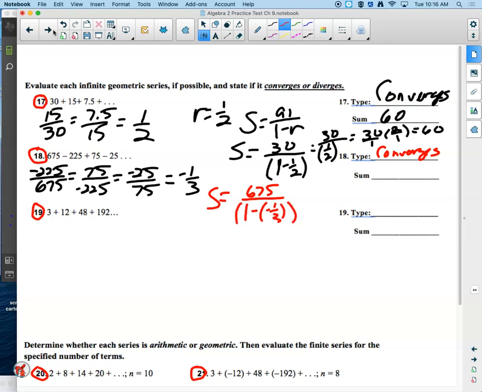Extra negative to keep track of, though. So minus a negative is going to make that a plus. That's going to be 4/3. Again, you can do that on your calculator if you want to. 670 divided by 4/3. Anybody do it yet? Get something punched in. 506.25.